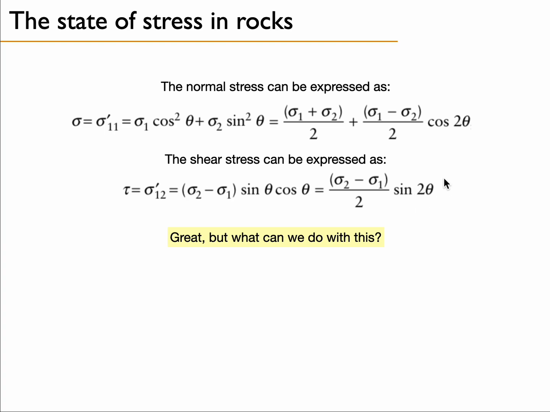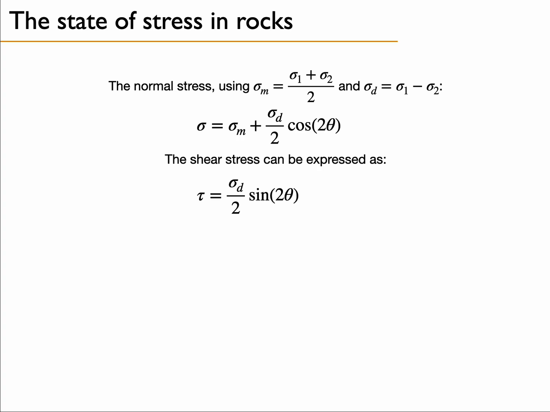And the question is, great, we've done this job now, but what's the point of doing this? The point is that by using this expression, we will simply substitute sigma 1 plus sigma 2 divided by 2 by sigma m, such that sigma is equal to sigma m plus sigma d divided by 2 times cosine 2 theta.